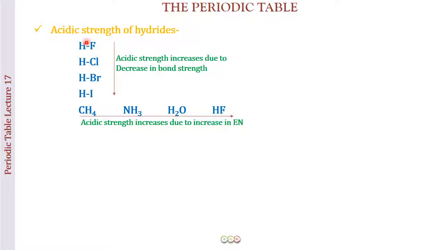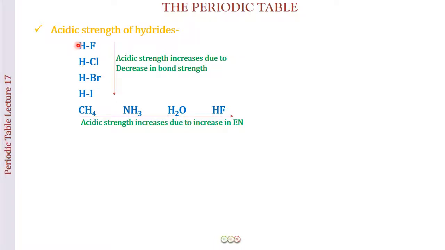Now, when we consider the strength of the hydrides in a group, if we take the electronegativity values, the maximum difference is going to be in HF, and down the group the electronegativity values decrease, right? So according to that, you would say HF is the strongest acid.